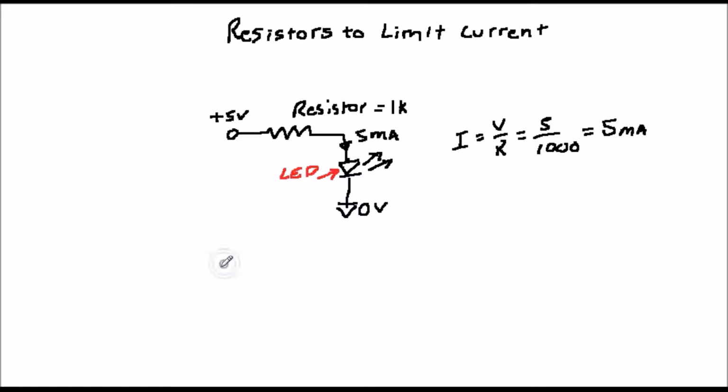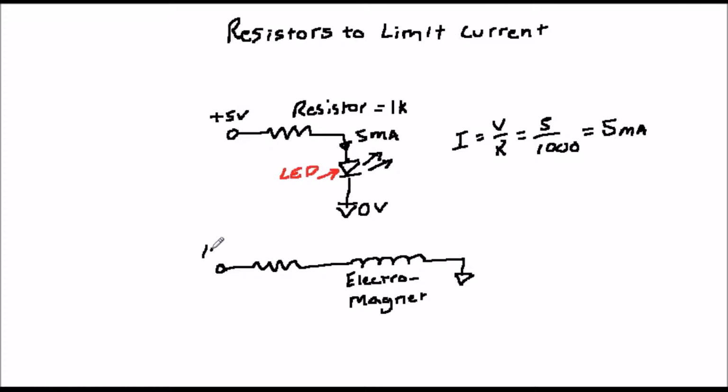In actual fact, as we will learn later, the diode itself has a small voltage across it, but we don't need to worry about that right at the moment. Another example might be an electromagnet. As you may remember, it's just a coil of wire. If too much current passes through this, we might overheat the power supply or burn out the wires.